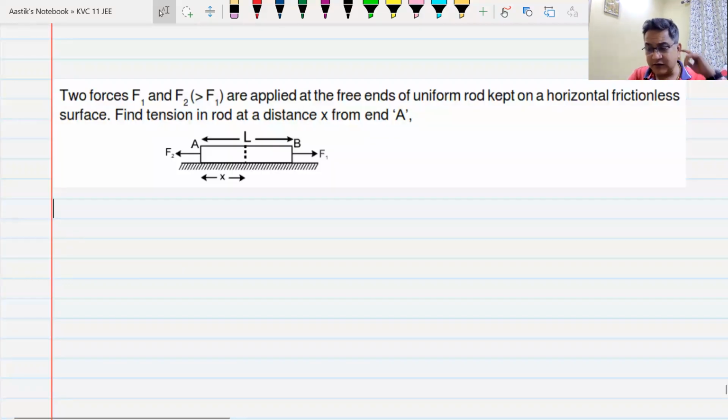If you understood the previous one, you can look at this one and tell me the answer. At one end, the force is F2 in this direction. At the other end, the force is F1 in this direction. You have to find the force as a function of x.